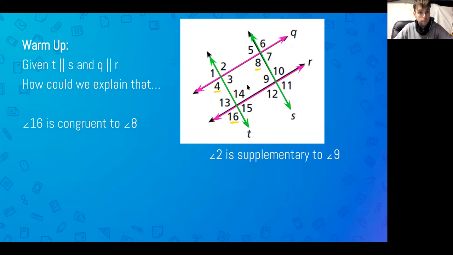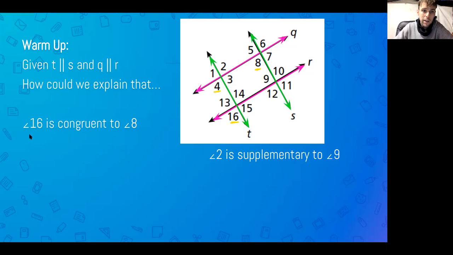And then, similarly, we can say that angle 4 and angle 8 are both also on parallel lines, S and T, and have the line Q in common as their transversal. So again, we can apply the corresponding angles postulate to say that those would be congruent. And by doing so, we've created this chain of congruence that connects angle 16 to angle 4 and then to angle 8. So we know all of these are going to be congruent to one another.